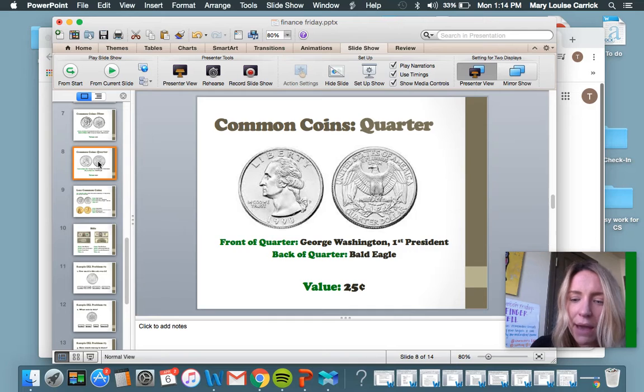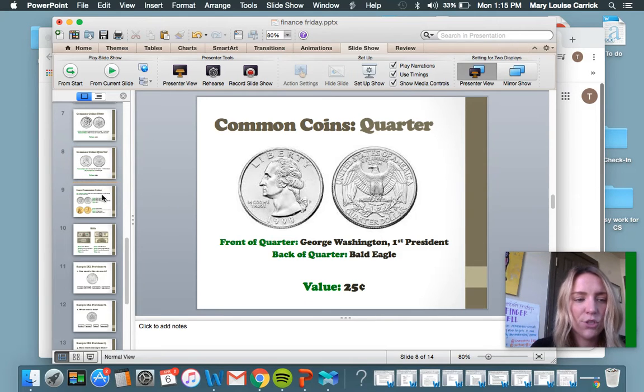And then on the back of our quarter is going to be the bald eagle. And it's going to say quarter dollar because that's what a quarter is, right? It's a quarter of a dollar. It's 25 cents. We need 4 of them to make a dollar. That's why it's called a quarter, because it's a quarter value of a dollar, 25 cents.